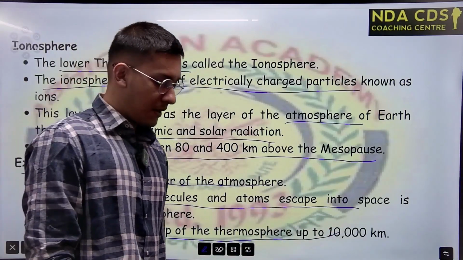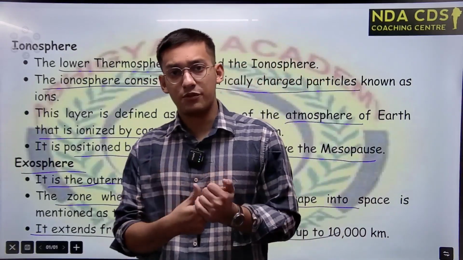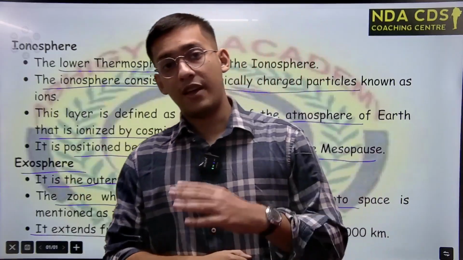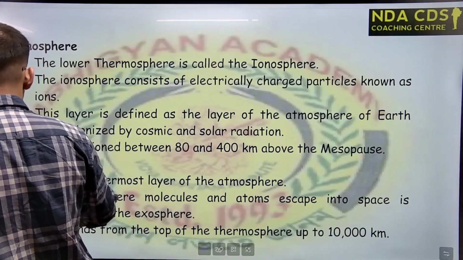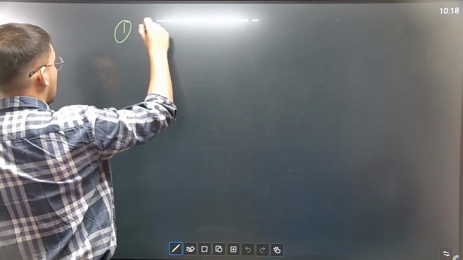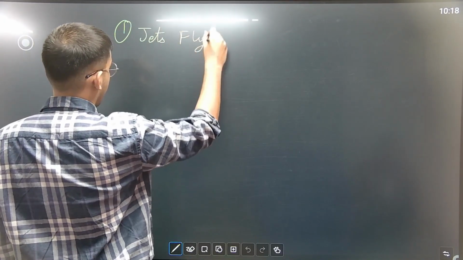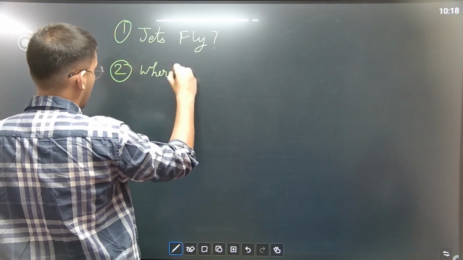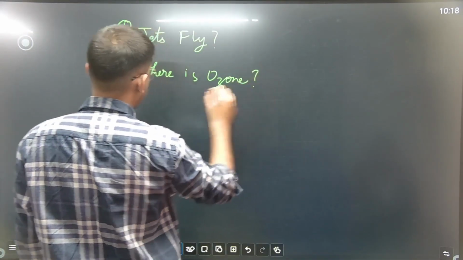So basically, these are the main points of the atmosphere. Firstly, we have the troposphere, stratosphere, mesosphere, thermosphere. Then we can see the ionosphere, and lastly, we have the exosphere. Now, I will do a brief recall of all that we learned. Firstly, we have to remember where do jets fly. Secondly, where is ozone.